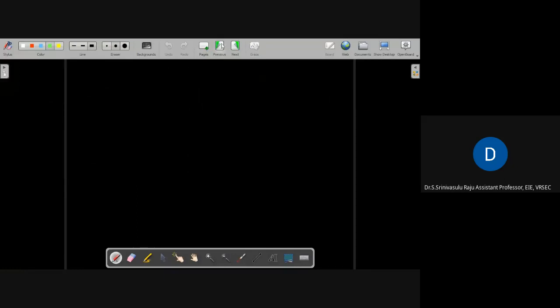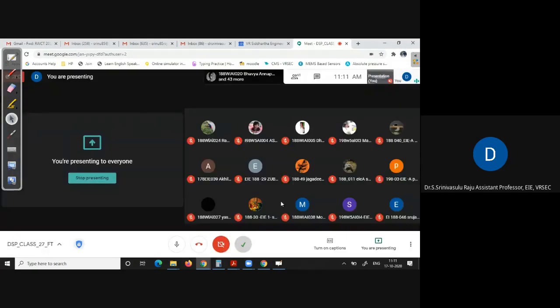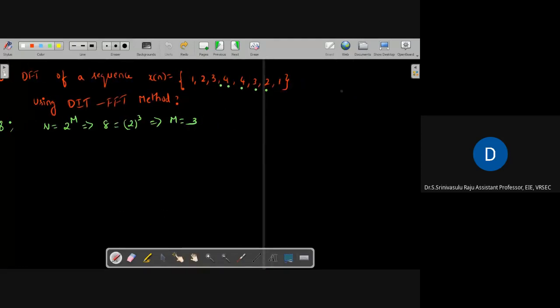So you know bit reversal order. How do we represent bit reversal order? All of you remember this. We have normal order and bit reversal order. So 0, 1, 2, 3, 4, 5, 6, 7.